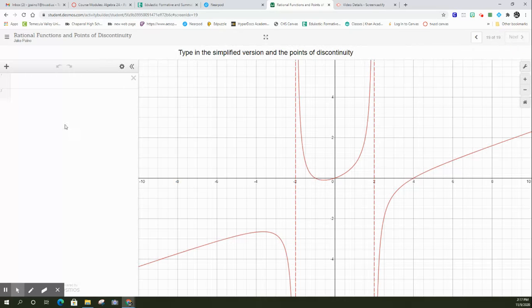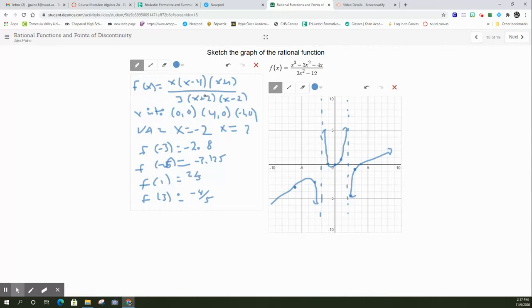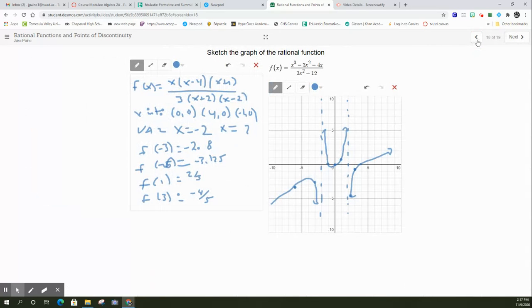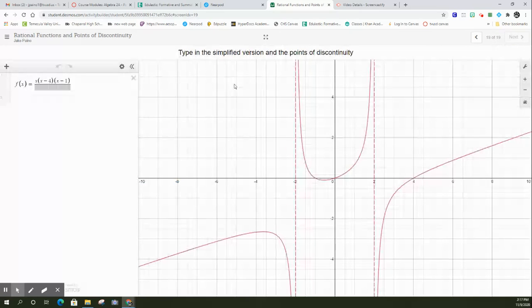And then we want to type in our simplified version here. Look back at my work here. Remember, nothing canceled out, so it was x times x minus 4 times x plus 1 on top. And then on bottom, it was 3 times x plus 2 times x minus 2.